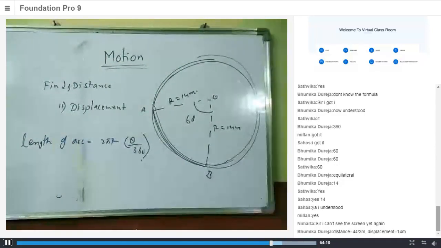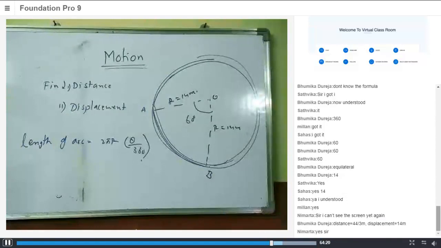Okay, distance is 44 by 3, displacement is 14. We got one answer. Okay. Now can you answer this? Yes, distance 44 by 3. Okay, distance is 44 by 3. And displacement? Displacement 14 meters. Okay, good.